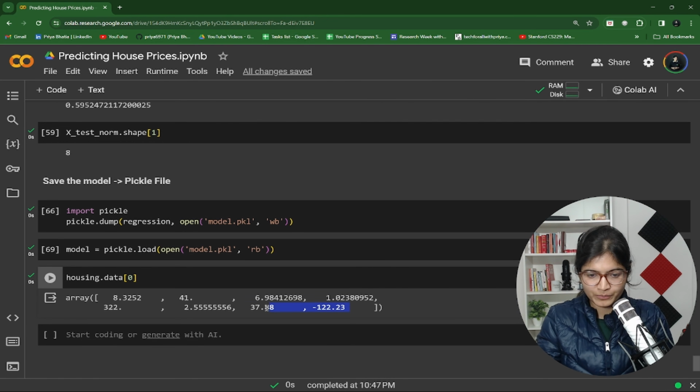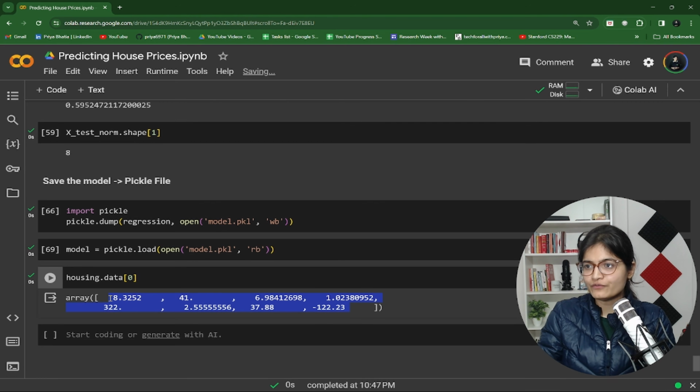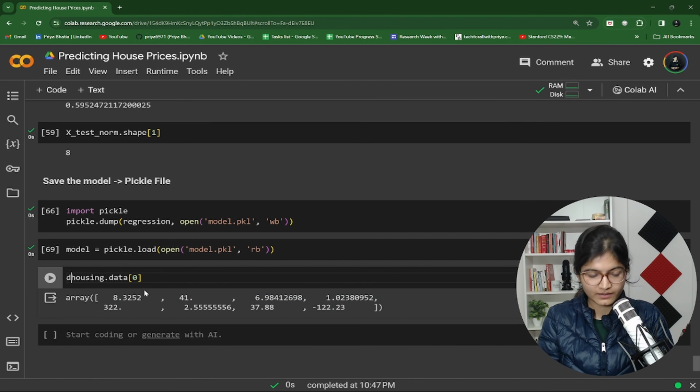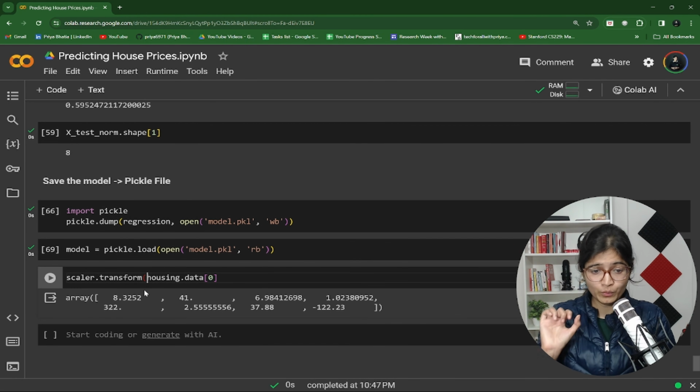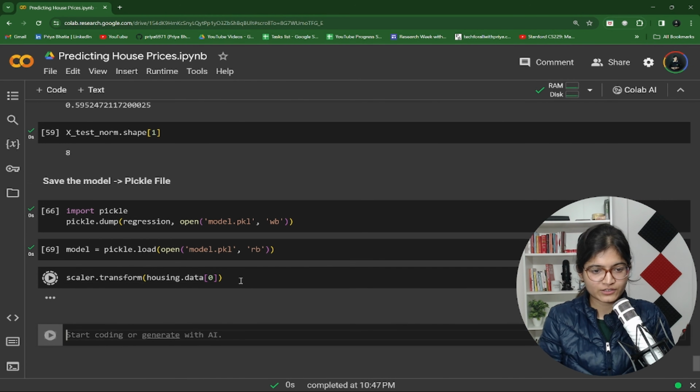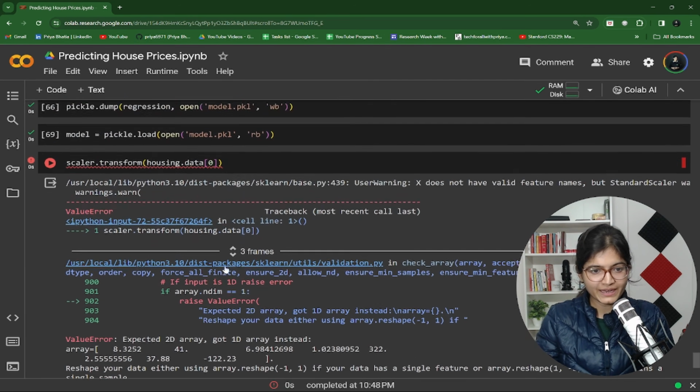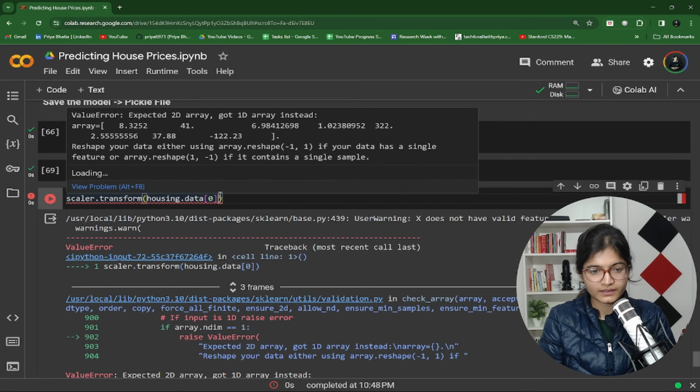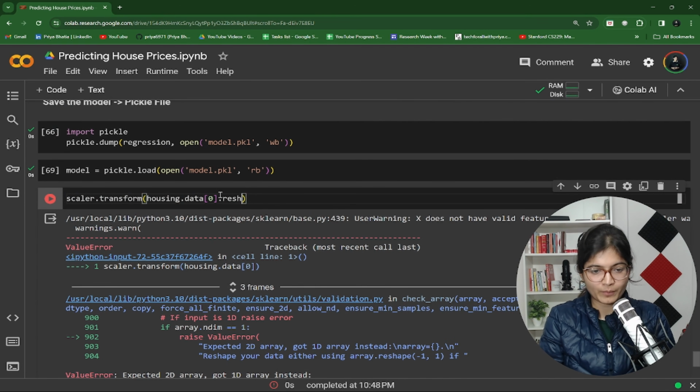Let's say I want to do the prediction of this particular house price. How can I do it? Obviously, first of all, we need to do scalar.transform to transform these values and scale them in one go, right? So let's do this. We need to reshape it so that we can form it the way we have done it now.